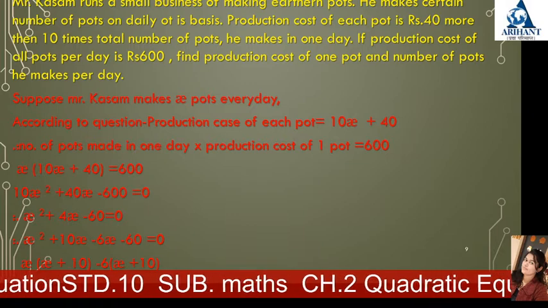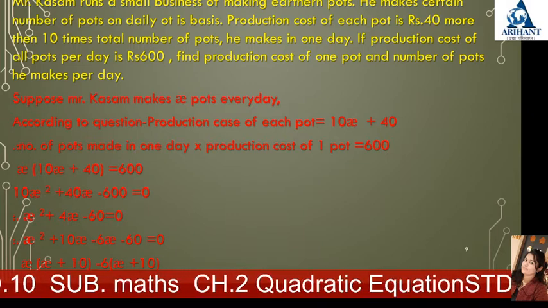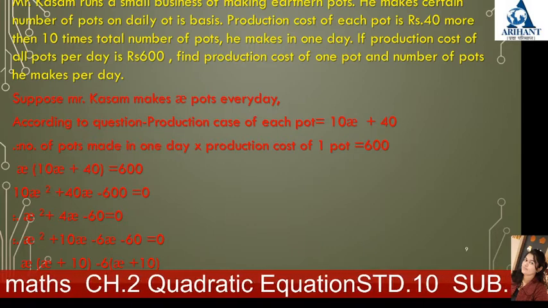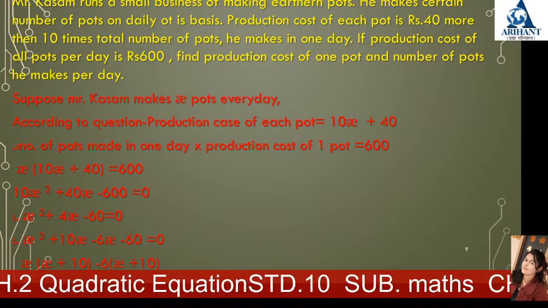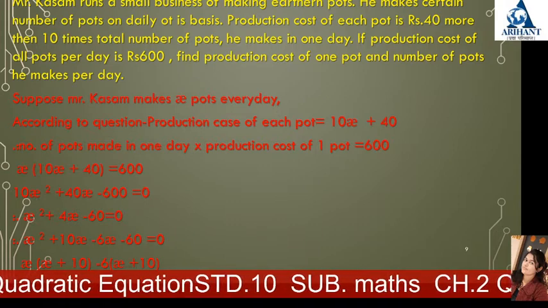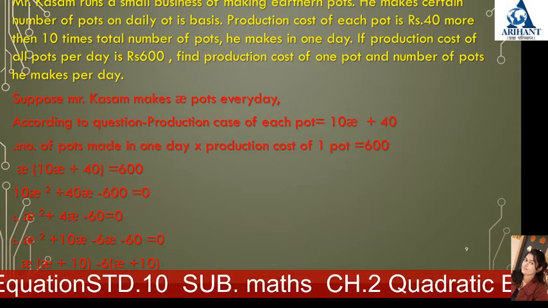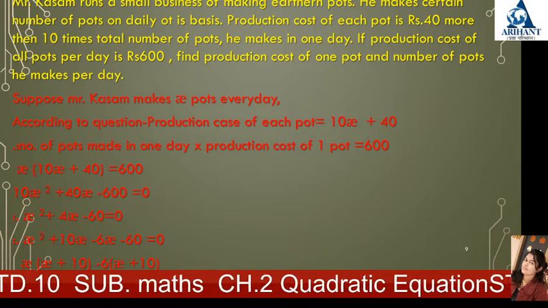Next, we can write 4x as 10x minus 6x, as per our need. So x square plus 10x minus 6x minus 60 is equal to 0.